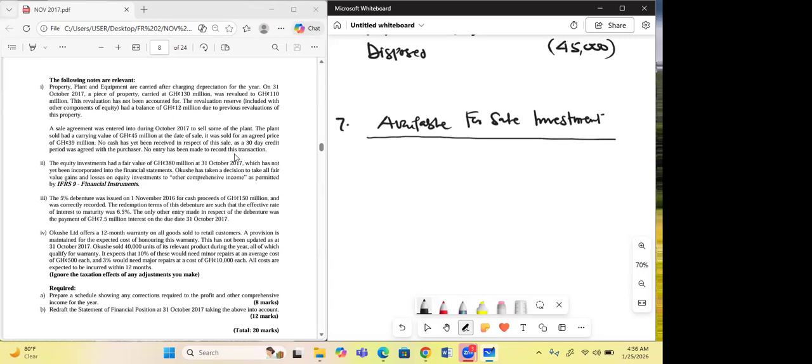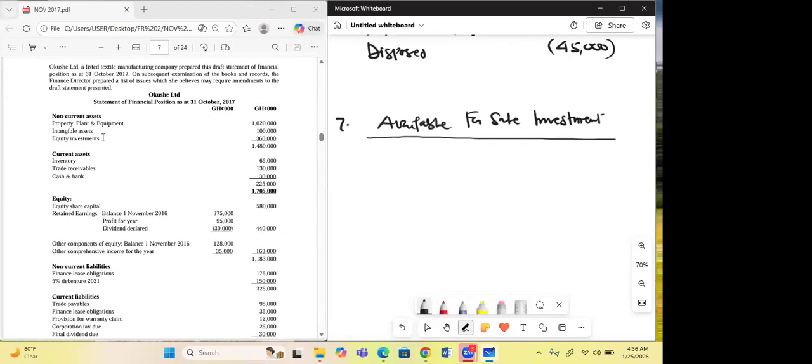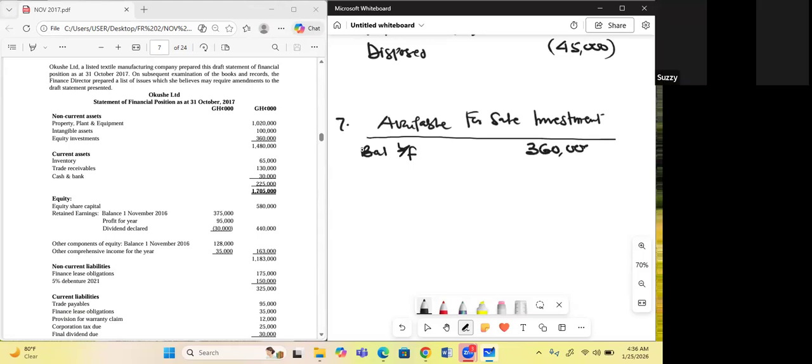So let's go and check. It has not been fair valued. Let's go to the statement and check the carrying amount. So equity investment. What's the carrying amount? 360,000.